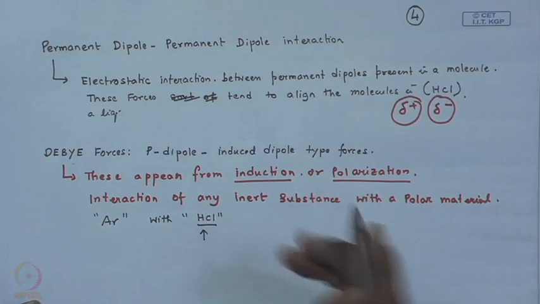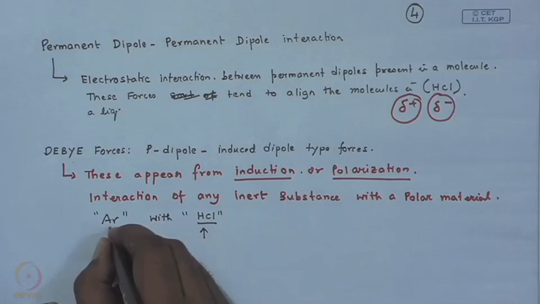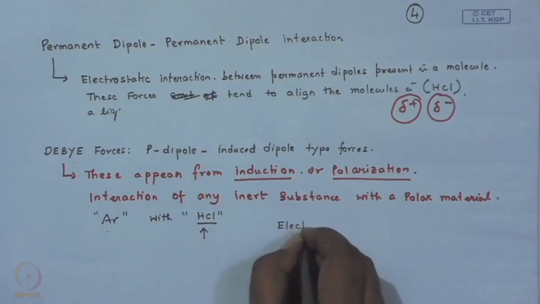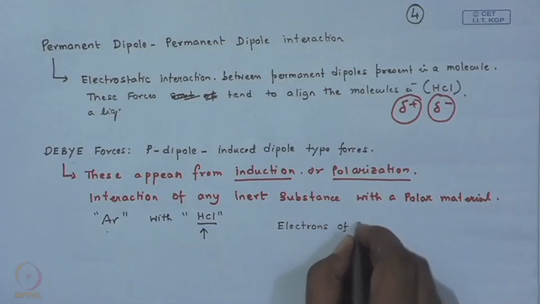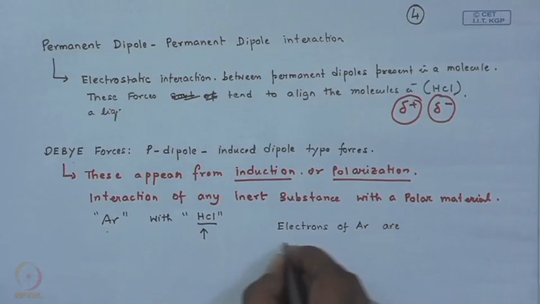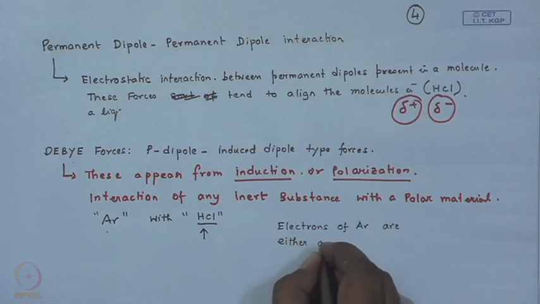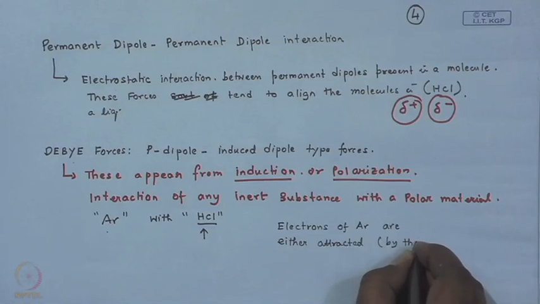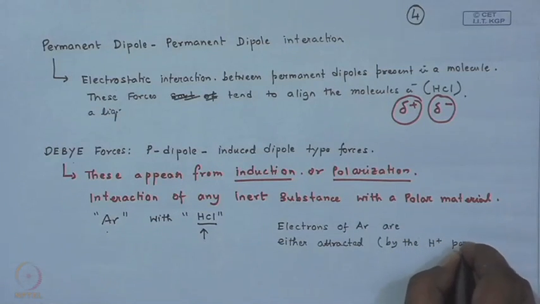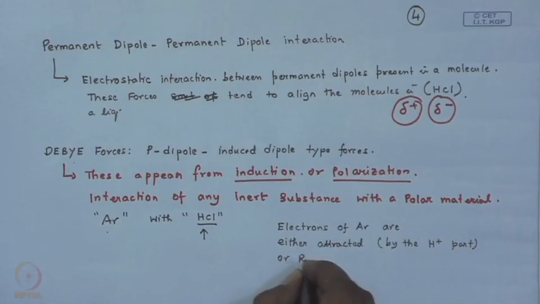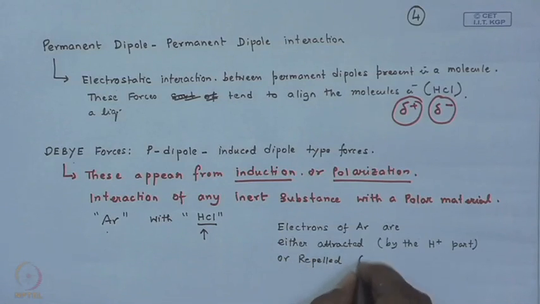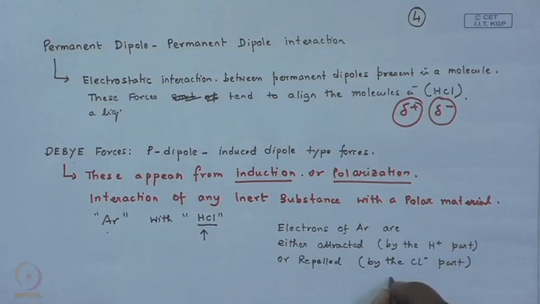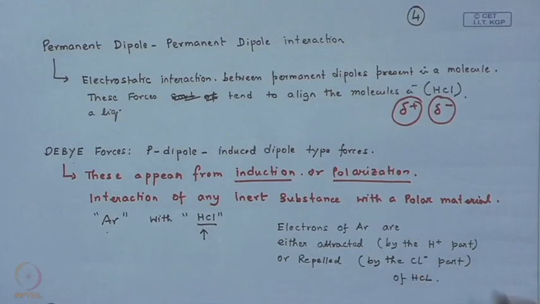so the electrons of argon are either attracted by the H plus part or repelled by the Cl minus part of HCl.